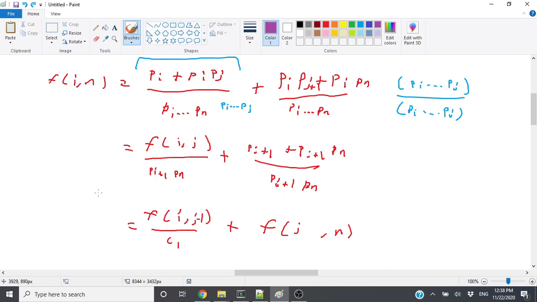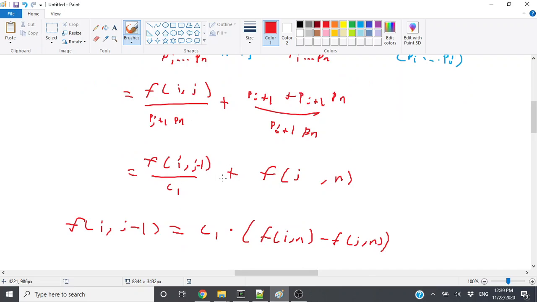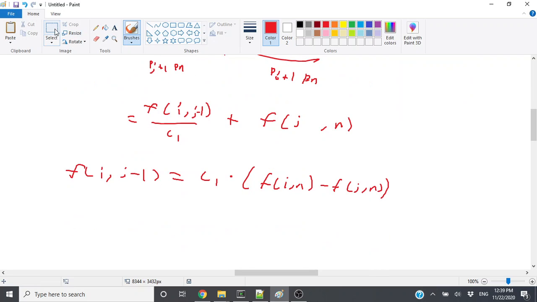What's the catch here? This should be up to j plus 1, or something like that. But c1 is actually some other function h of j, which is fine, because now we can separate these out.